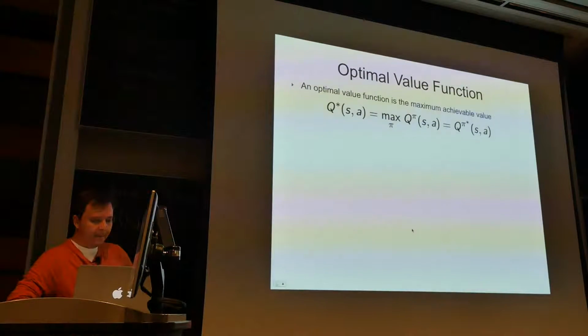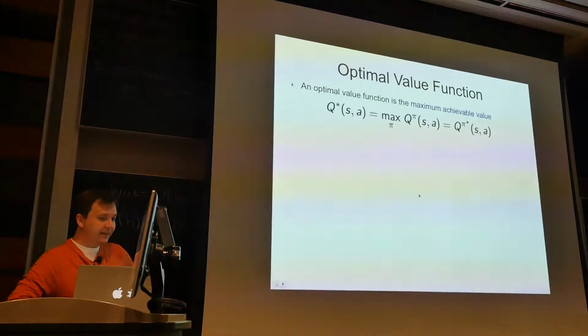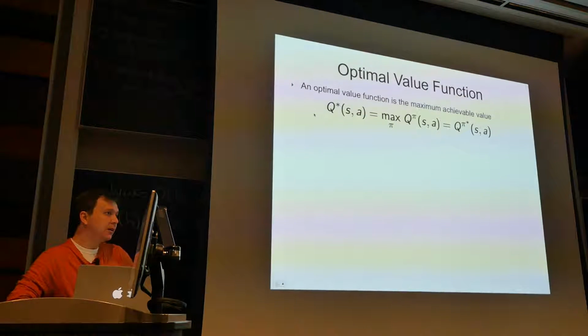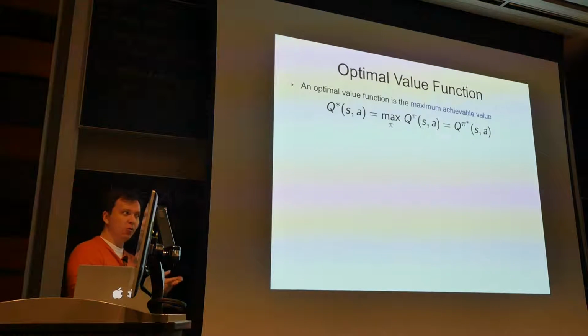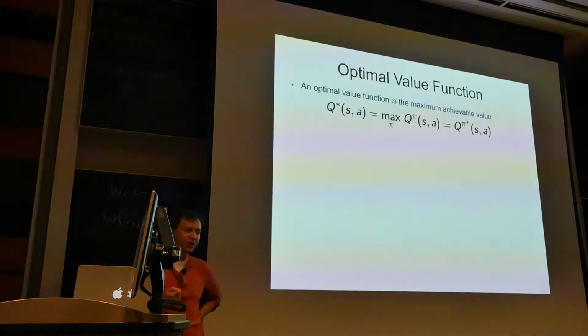Now, the optimal value function is the maximum achievable value. If you look at the optimal Q value, it's the maximum over all possible policies of the Q function under policy pi. Remember, different policies will give you different rewards, and the definition of the Q function is not the optimal one.